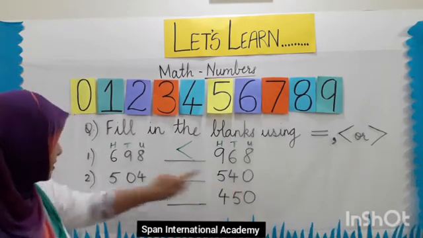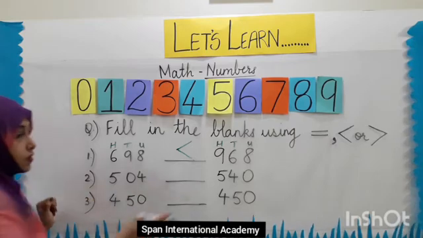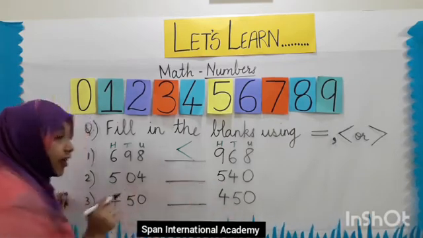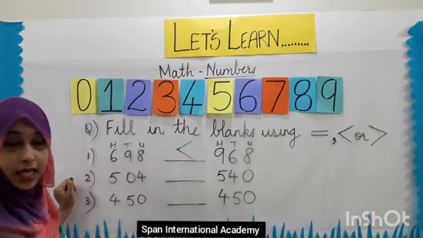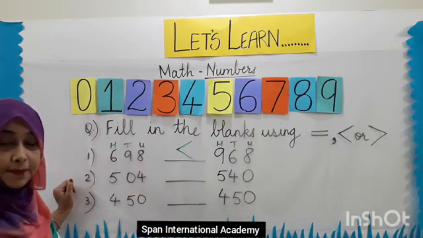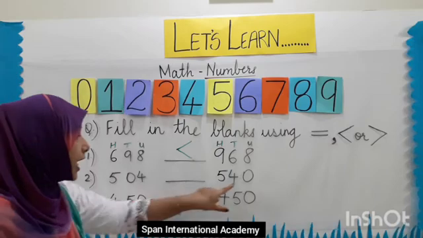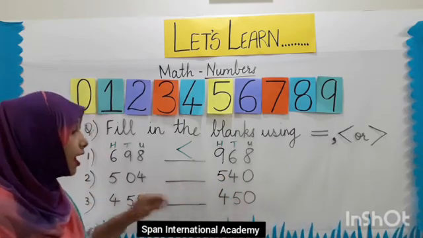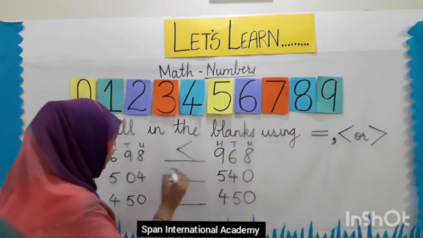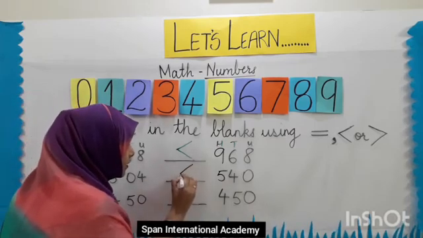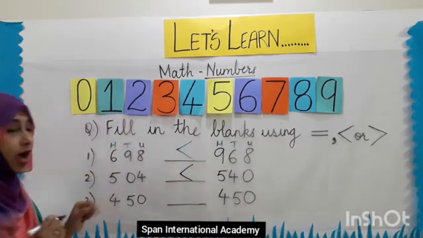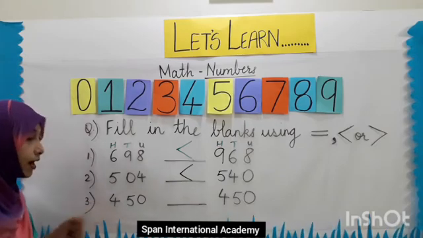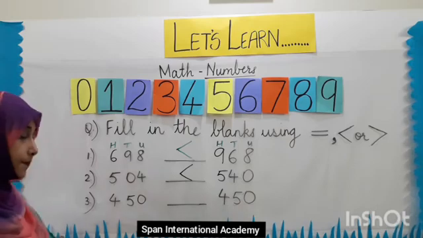Then tens and tens. And then 5 and 5, the hundreds place. Both the numbers are the same. So with the help of the number 4 that is in the tens place, I come to know that 540 is greater than 504.